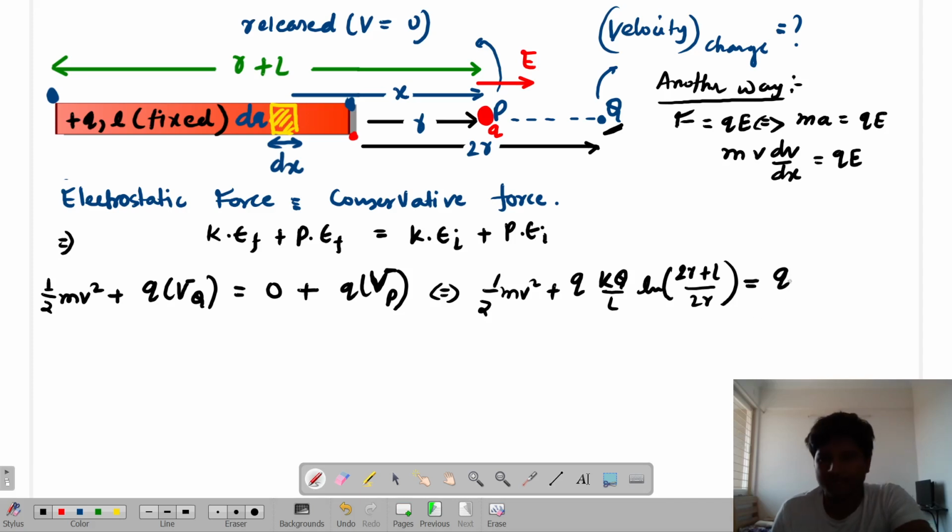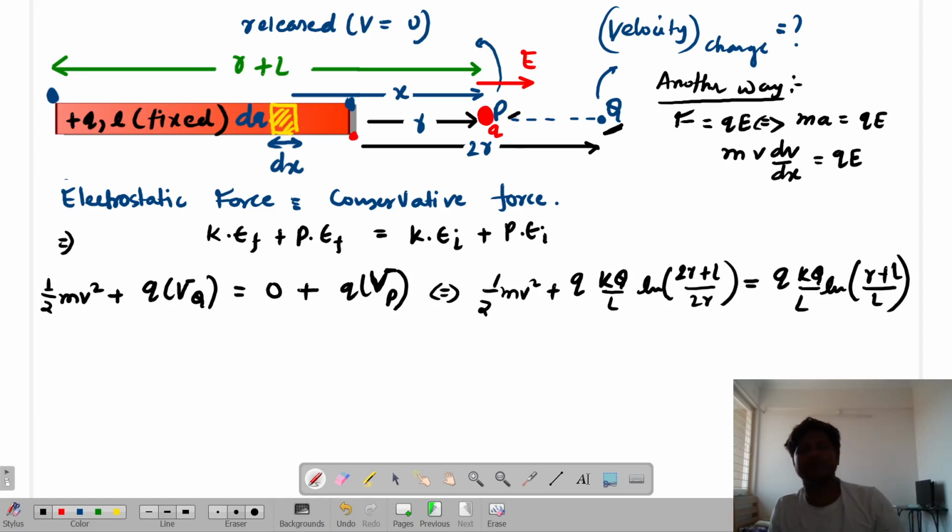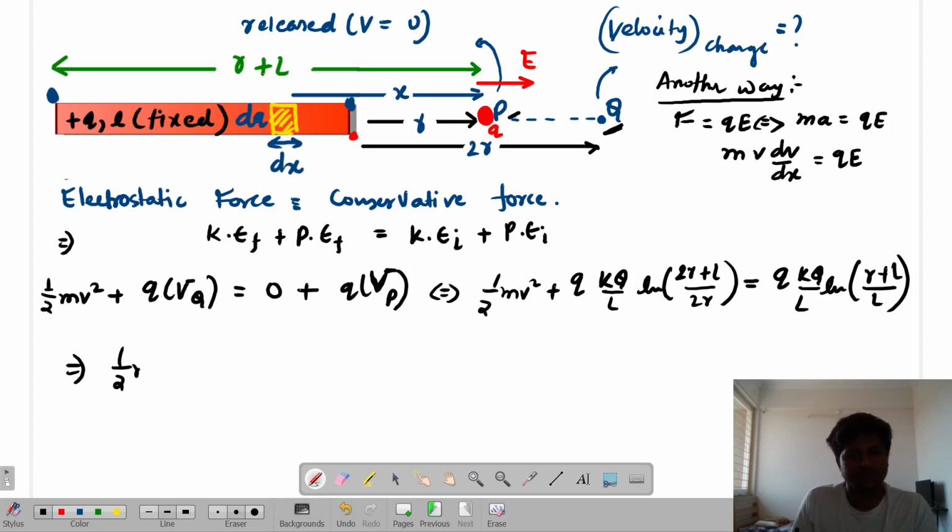Got it or not? And that will be q times kq by L, ln of (2r plus L) divided by 2r for point P. Are you able to get me? So the equation will be half mv square.